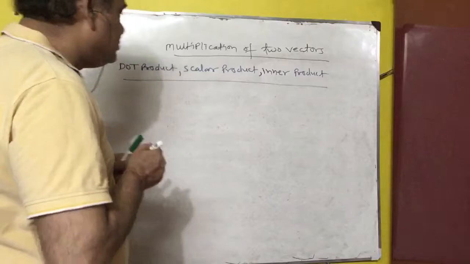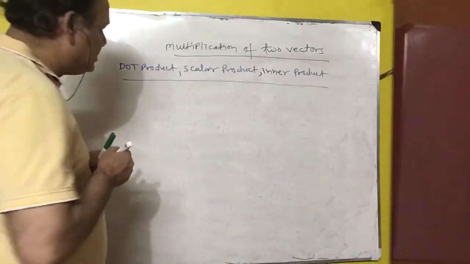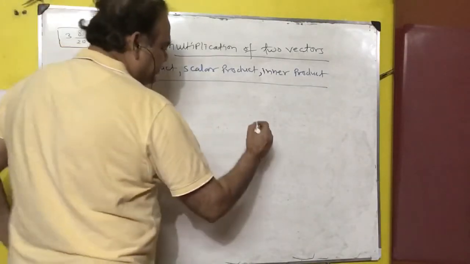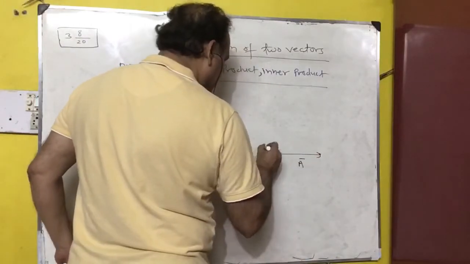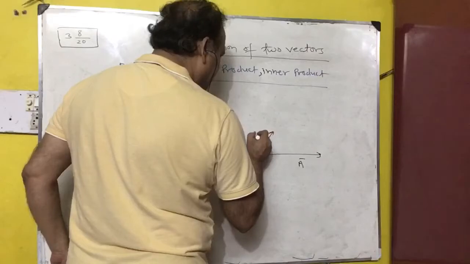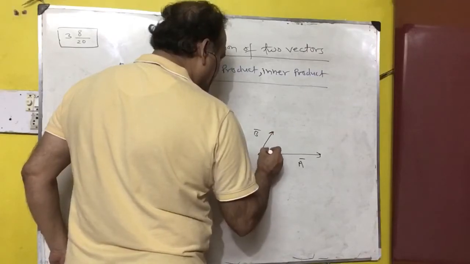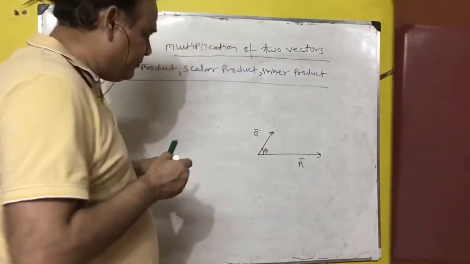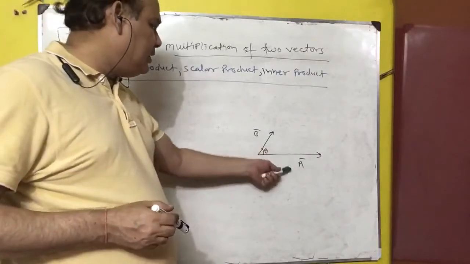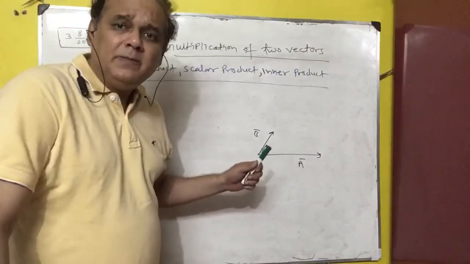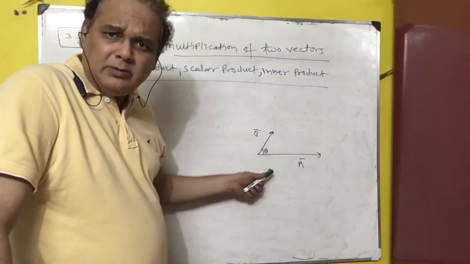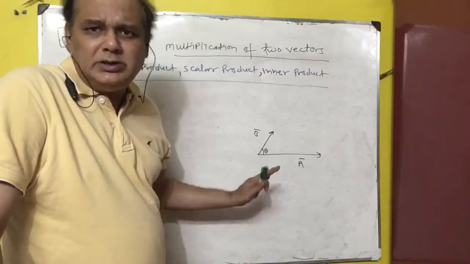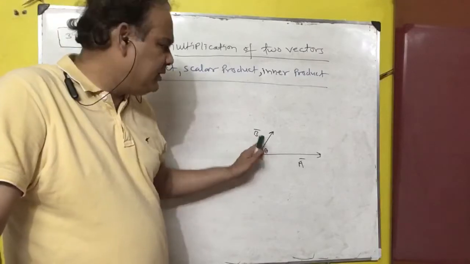That means what we get now will be a scalar. How? See, this is one vector A and suppose this is another vector B and they are inclined by an angle theta, and you have to multiply A with B scalarly.